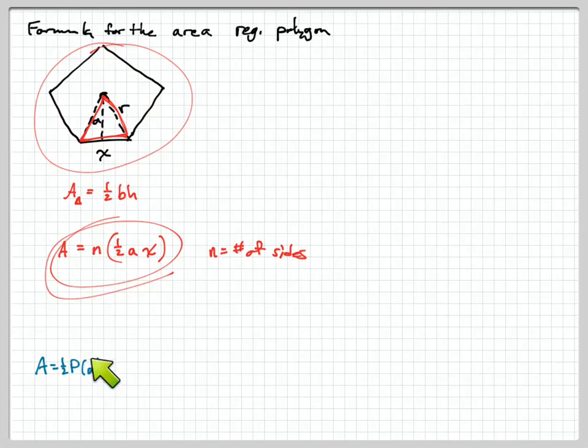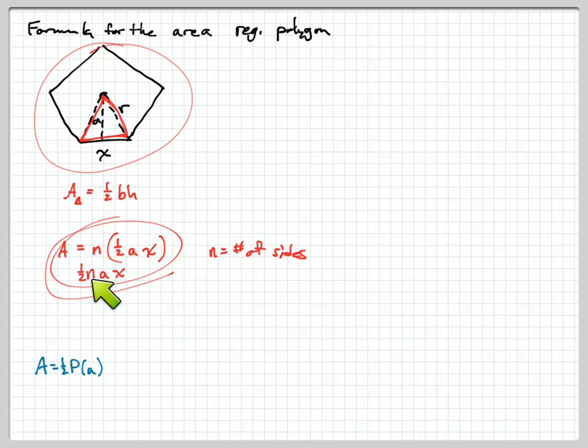And the reason why it's 1/2 the perimeter times the apothem is that multiplication doesn't depend on the order you write it in. I can write this as 1/2 n times a times x. I just put the number in front. It doesn't matter the order because they're all just multiplying. There's no distributing going on.